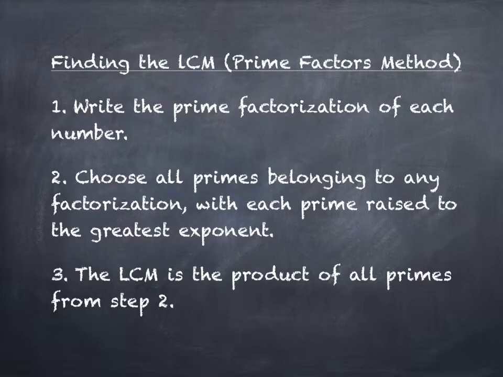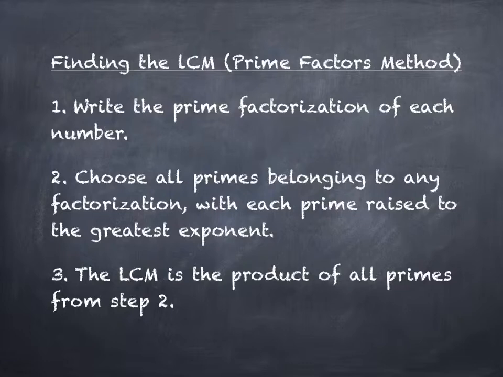So there's 3 methods, just like there were 3 methods for greatest common factor, there's 3 methods for least common multiple. The first one is the prime factors method, and it is just like the beginning of the prime factors method for finding the greatest common factor. So you're going to write the factorizations out for the numbers. You're going to choose all of the factors that they have in them at all. Every factor will be in the least common multiple, not just the ones that are in common, but every factor.